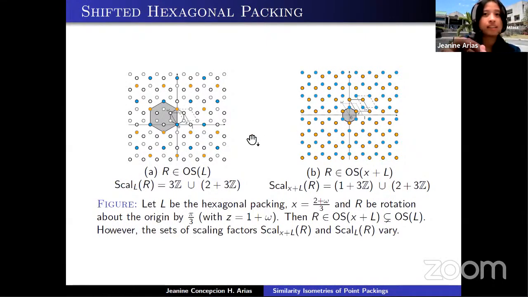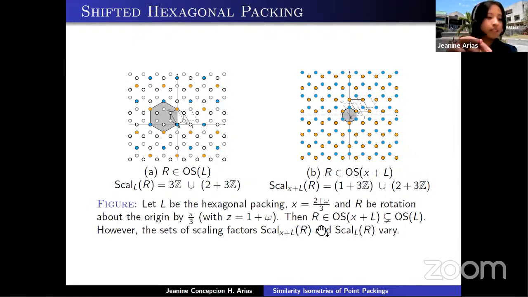Note that the 60-degree rotation R is a similarity isometry of both the hexagonal packing L and the shifted hexagonal packing x + L, since OS of x + L is contained in OS of L as we have mentioned earlier.